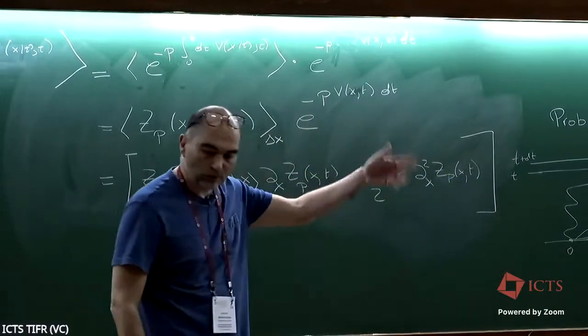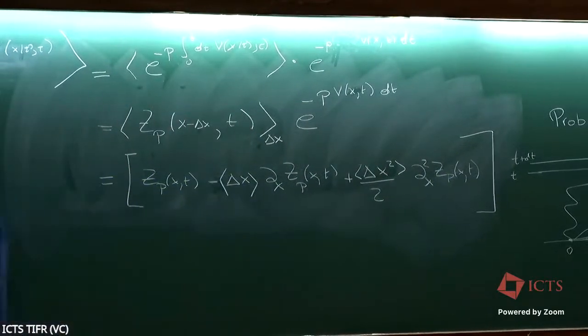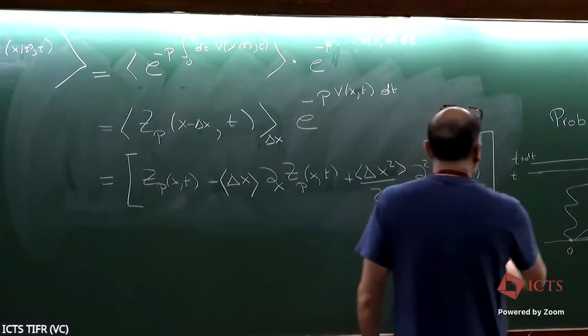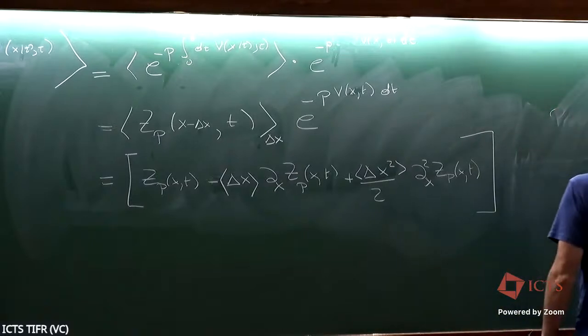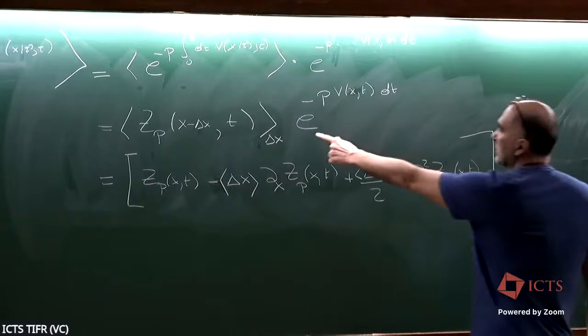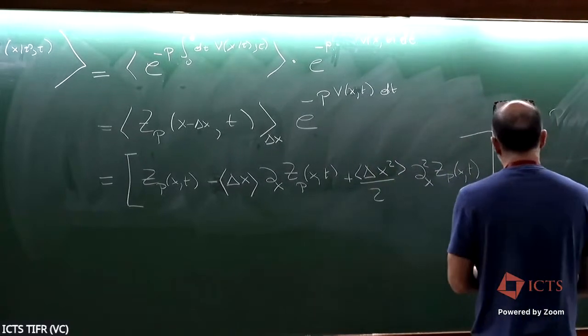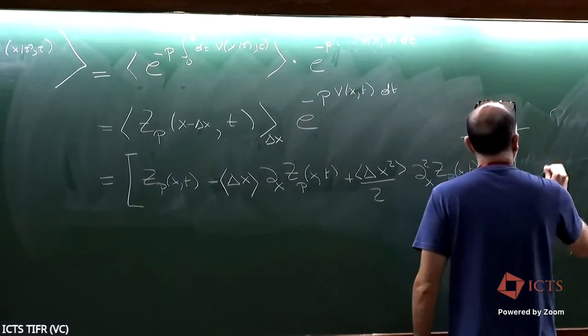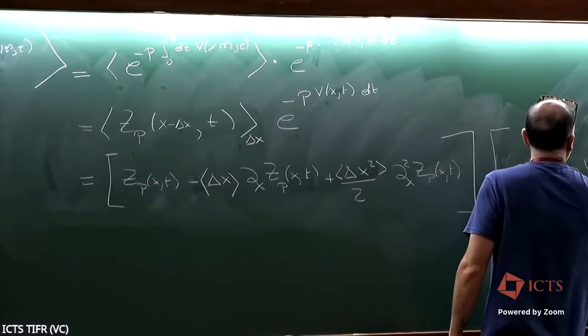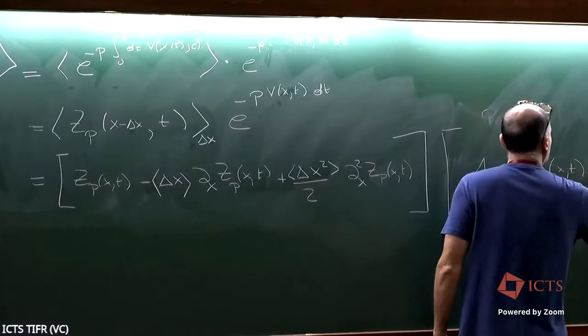And then you can do delta x cubed and so on, but it will be 0 for delta x cubed, so there will be something with delta x to the fourth. And now we can expand also this. This is 1 minus p v(x,t) dt.